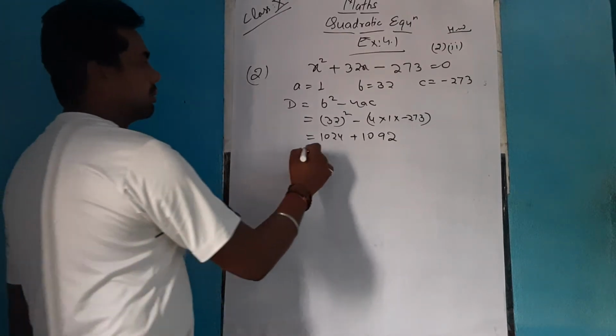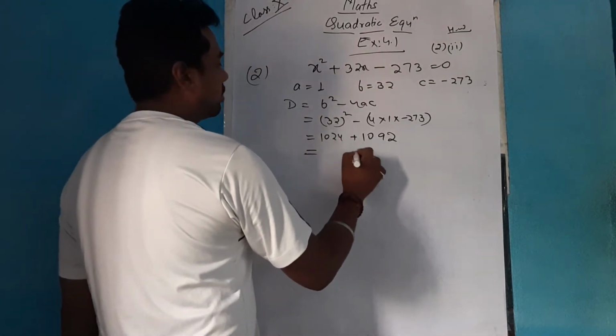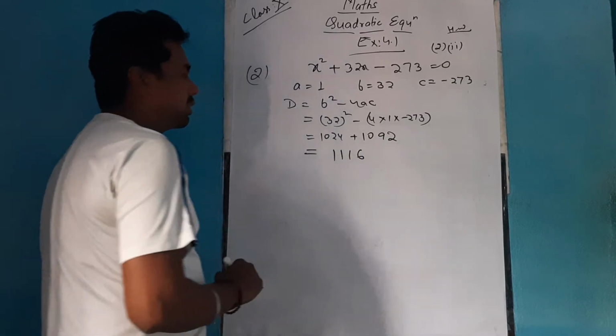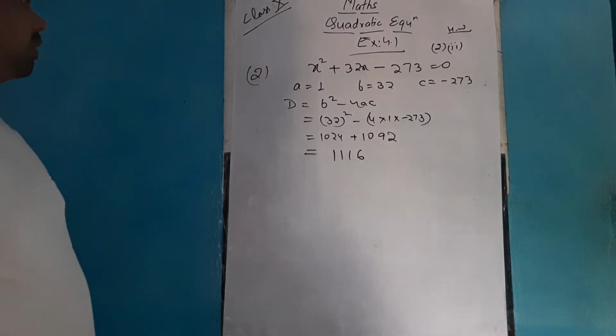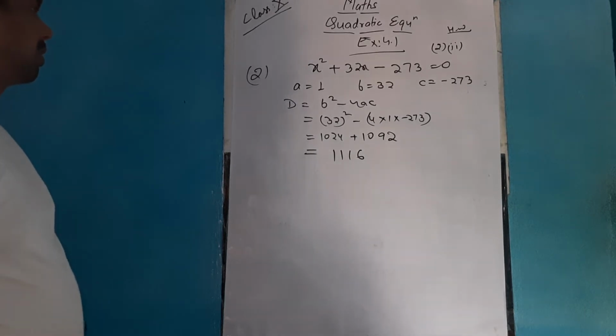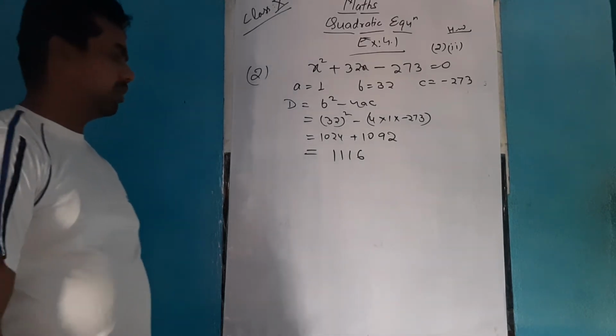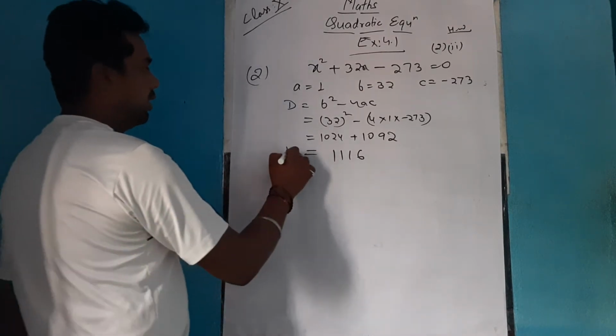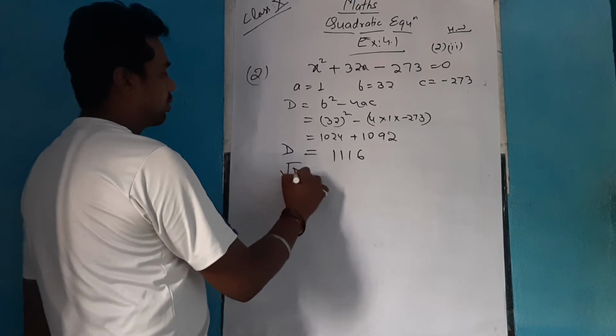And then we'll do the sum of it: 2116. We'll now get the value of under root d.